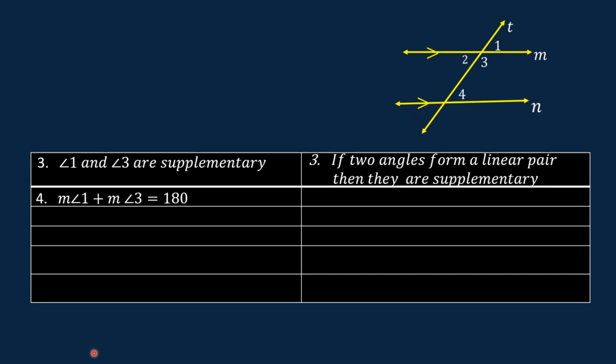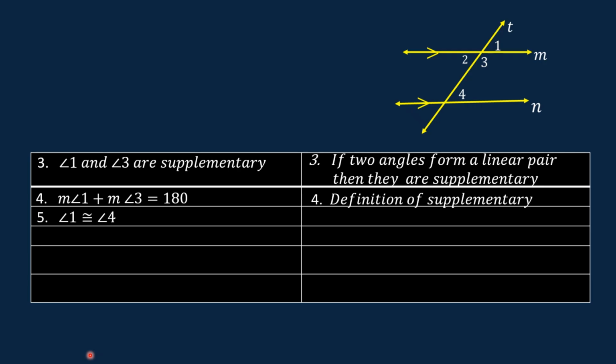Statement number 4. The measure of angle 1 plus the measure of angle 3 is equal to 180. The reason, definition of supplementary.